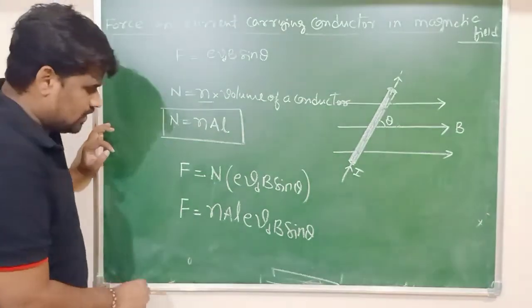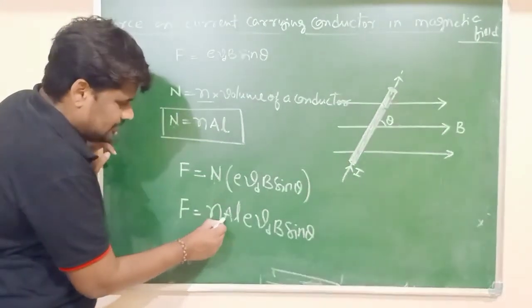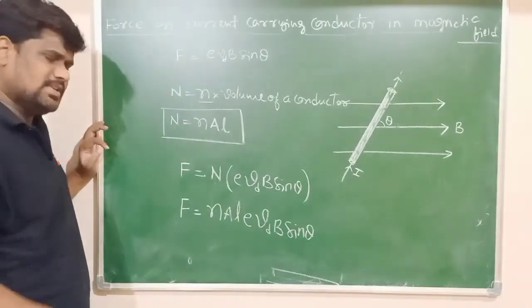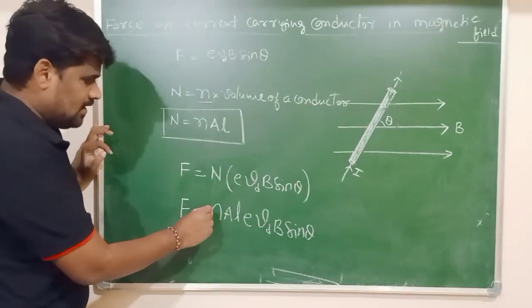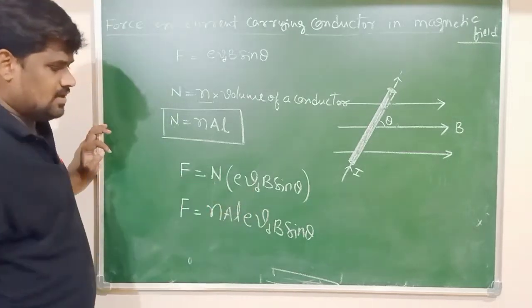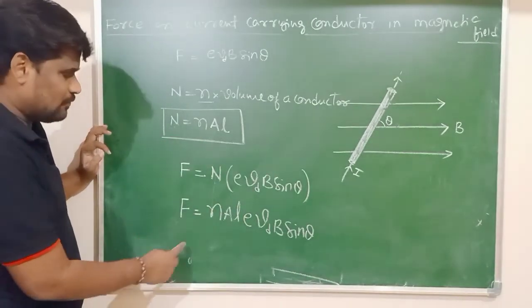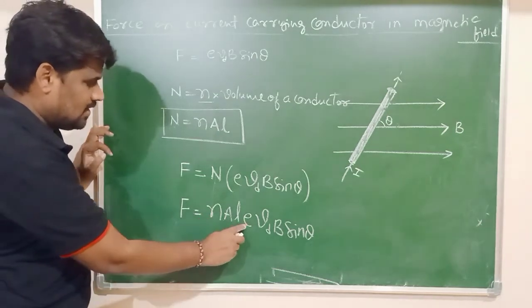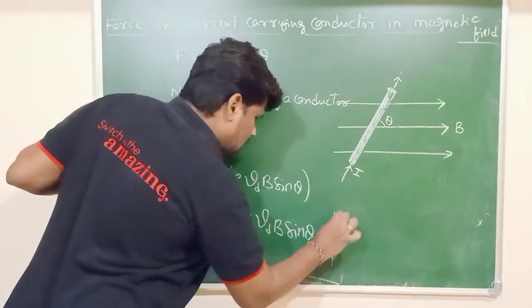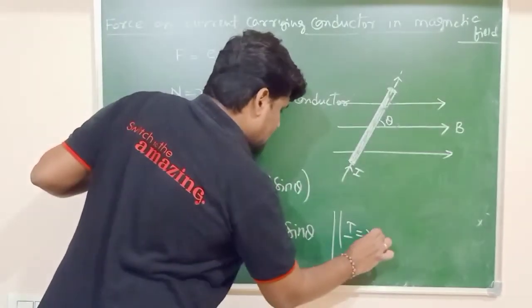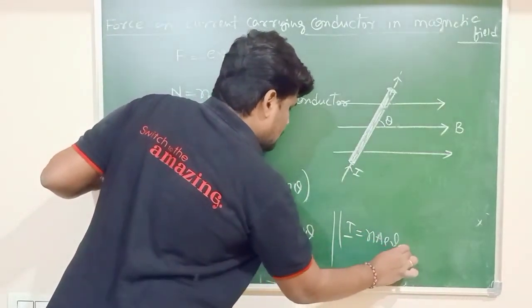Will you recall what n A e Vd is? We discussed it in current electricity. n A e Vd is called the current in a conductor in terms of drift velocity. Current in a conductor I equals n A e Vd.